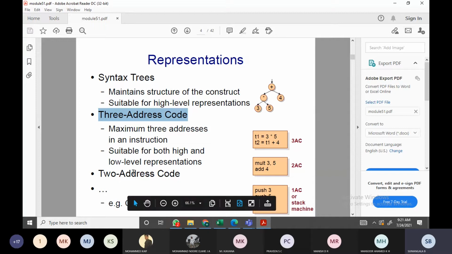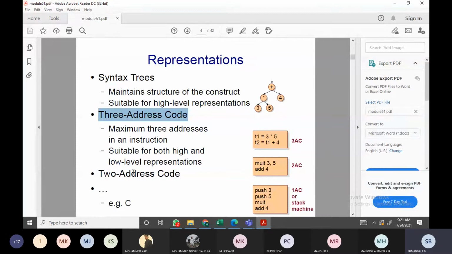If I write a is equals to b plus c, on the right hand side at most we have 2 operands and 1 operator. Then we can say that it is a 3 address code. That means at most we can have 2 operands and 1 operator on the right hand side of the expression. That is called 3 address code.